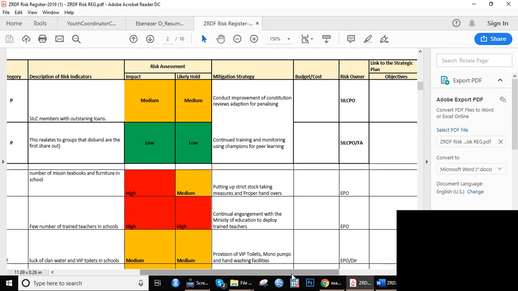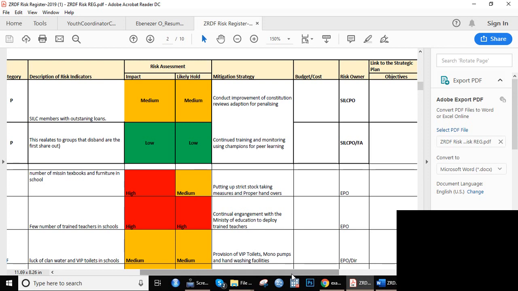Okay, so here, for example, in the example that they had with the outstanding SILK loan members, they assessed that the likelihood of outstanding loans not being repaid was medium and the impact was medium.